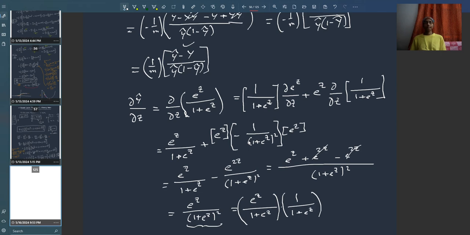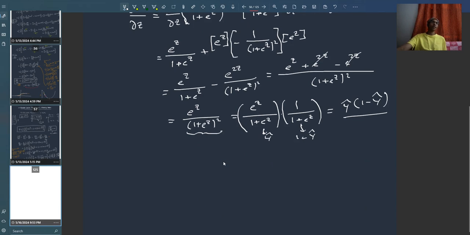Now incidentally this is 1 minus y hat, this is y hat, we have done in our previous deductions. So we just write that y hat multiplied by 1 minus y hat. This is our expression for del y hat del z. So the second expression is also derived.